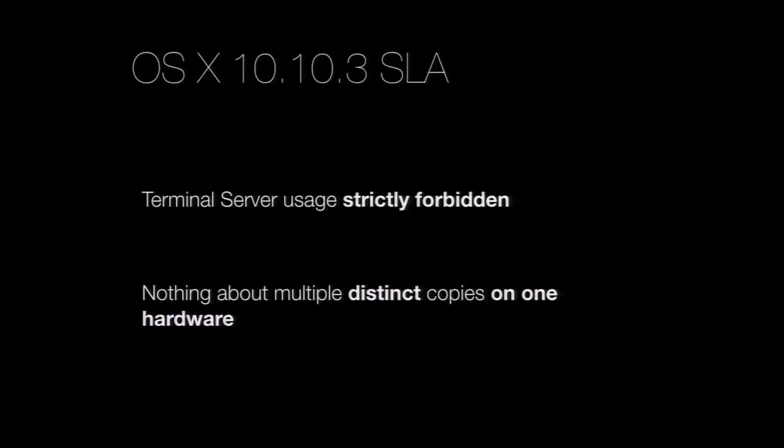But in the meantime, they have nothing about using multiple distinct licenses of OS X on a single hardware. Nothing talks about that. What if you have distinct Apple IDs, all with one license of OS X or OS X server, and you want to use them in a VM? Nothing talks about that.